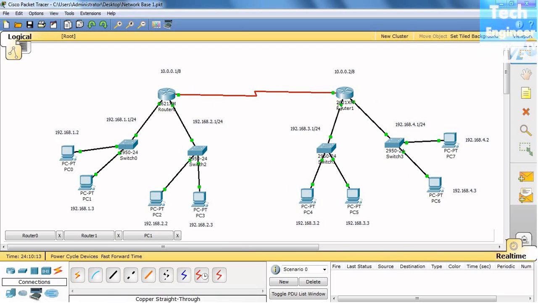This router doesn't know this other router's network. Until we provide the routing information, these routers will not be able to understand the networks, because routers basically work in WAN networks. How would you know about other places' networks, what they are all about, unless your router has the information written in its routing table?